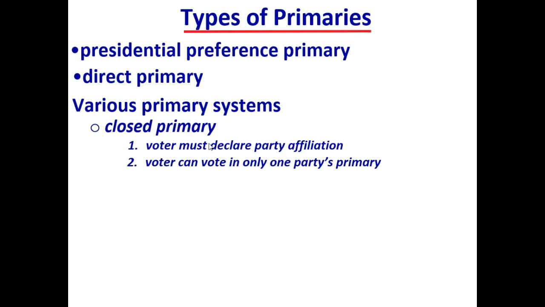Before the direct primary, as I hinted a moment ago, nominations for this office or that office were in practice largely handed out on the basis of patronage by the party bosses. Technically, it might have been done in a convention, okay?